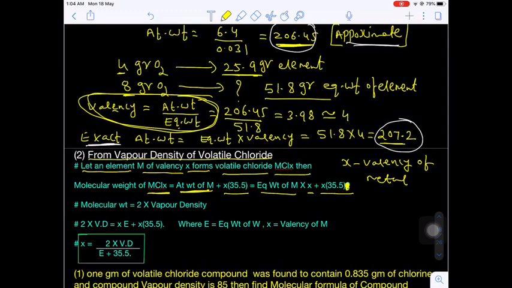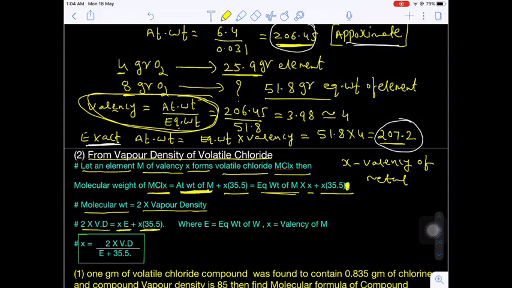Are you getting my point? Now, do you know molecular weight is equal to 2 into vapor density? Yes. Now the molecular weight is equal to 2 into vapor density, which is equal to atomic weight of metal M. Instead of that, I am writing equivalent weight of metal. Let's suppose E is the equivalent weight of the metal, X is the valency, plus X into 35.5.